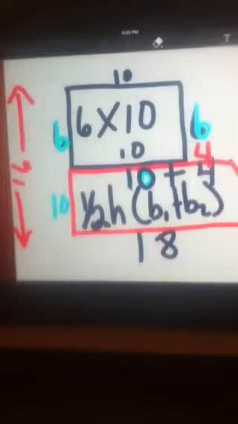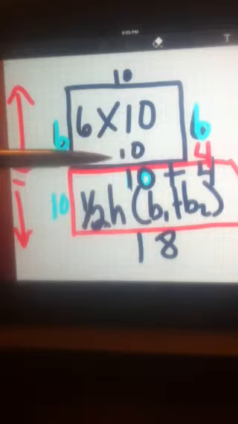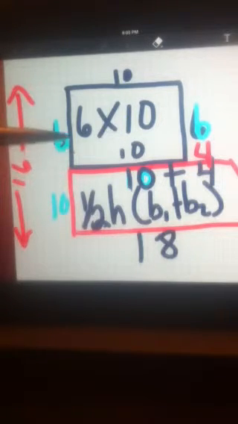So now we'll go to how to plug in our values. We know the area of a rectangle is length times width, which will give us 10 for the base and 6 for the height. This is 6 times 10, which gives us 60.